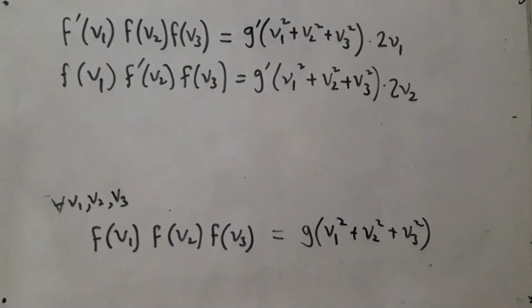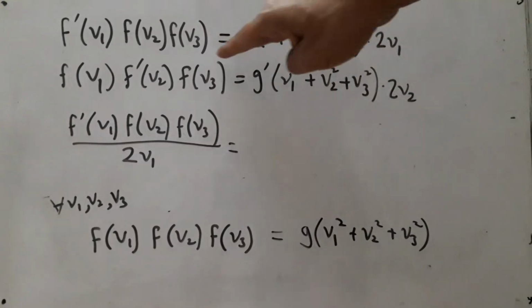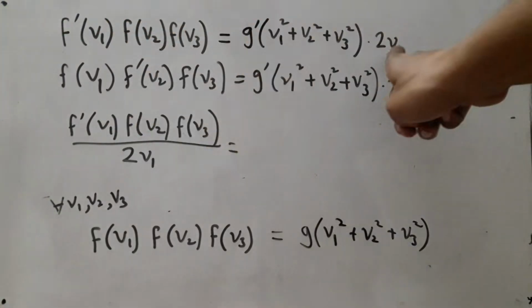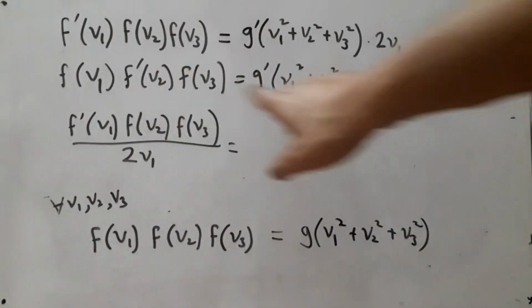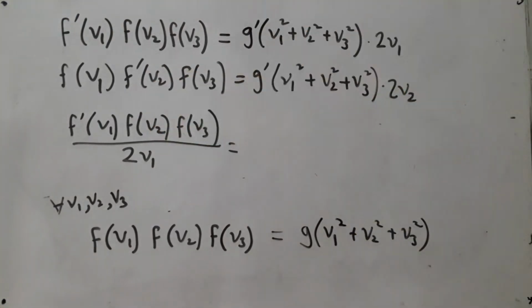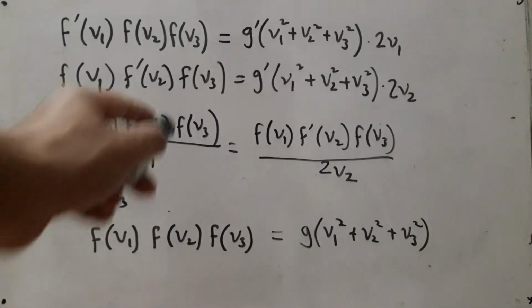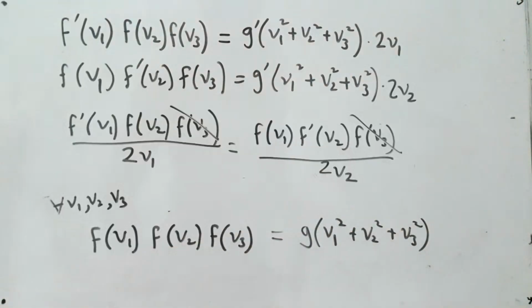I am expressing this in terms of F, so it is F prime V1 divided by 2V1. I will do the same manipulation to this one. So now I have an equality involving F only. Now I have some obvious cancellation, this and these are cancelled.